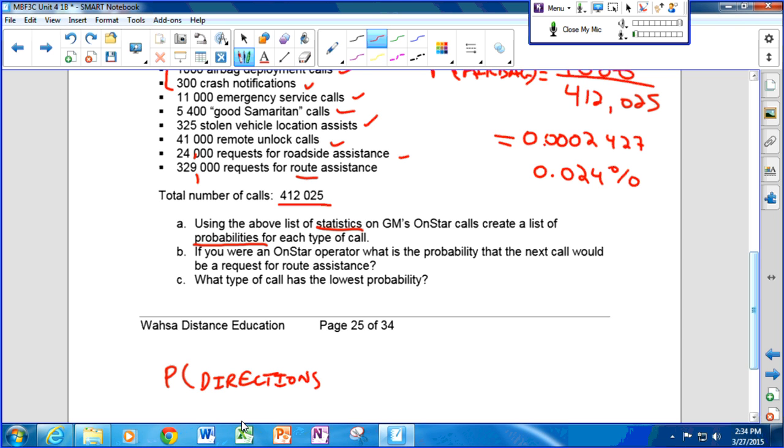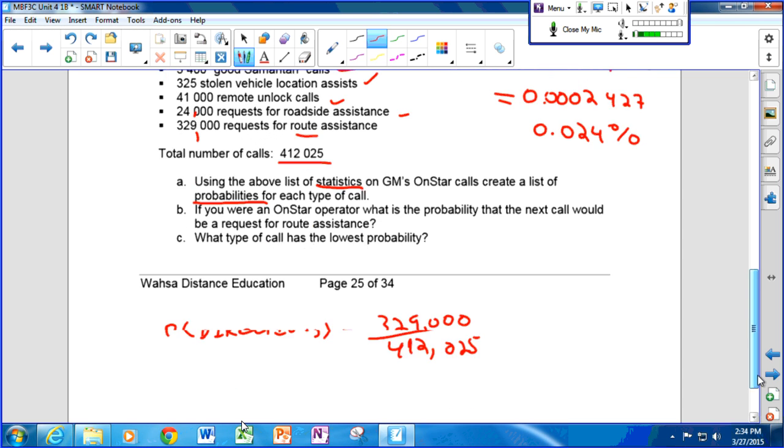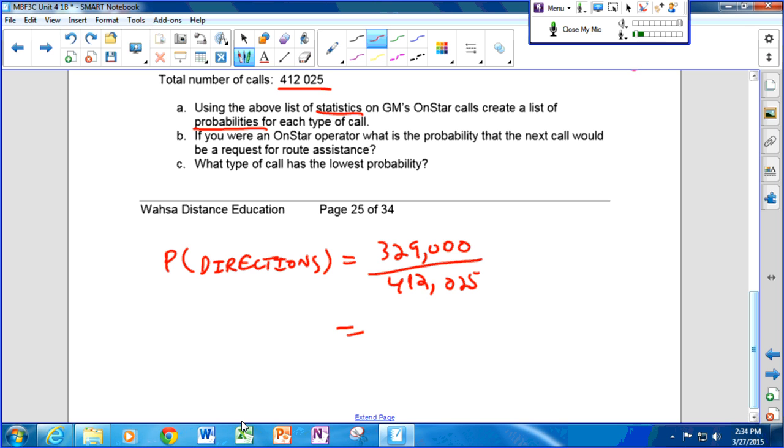So the probability of that being a request for directions: 329,000 requests out of the 412,025 calls.